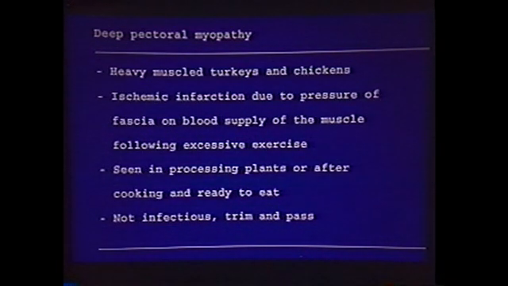The father is cutting the breast, and whoops, it's a green muscle. Okay, there is nothing wrong with it. It's not infectious, as I say. Probably just trim that muscle and pass it for food. Don't tell the kids about it. It's not infectious. Why should I ruin that now? I wouldn't eat it, but I pass it to the kids.